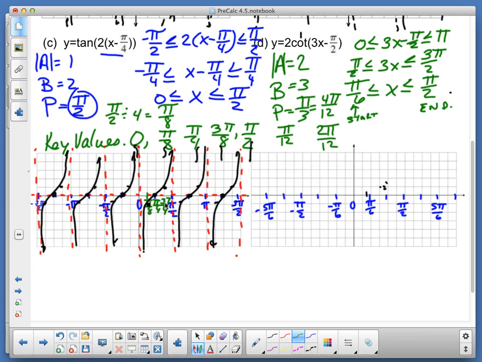My end is the same as 6 pi over 12. Okay, does that make sense? I got my start and end in 12ths, so I know when I'm adding, I haven't screwed up. Okay, so pi over 12 at a time. 3 pi over 12, 4 pi over 12, 5 pi over 12. You okay with that?